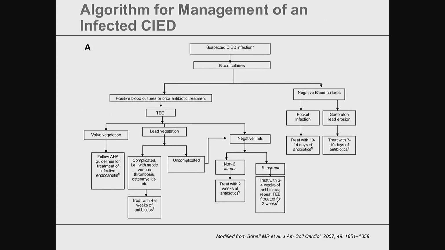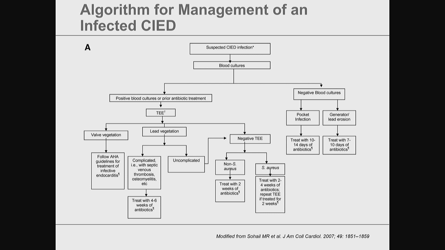In 2007, a paper was published that discussed the algorithm for how we manage patients that have infected cardiac implantable devices. If you suspect an infection in a patient that has a cardiac implantable device, you want to get blood cultures. If they're positive, then you need to get a transesophageal echo to see if there is a valve vegetation or not.